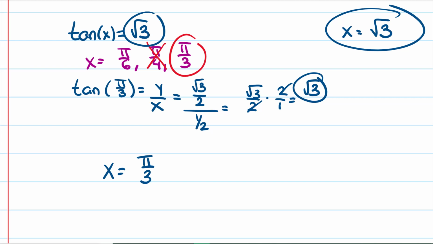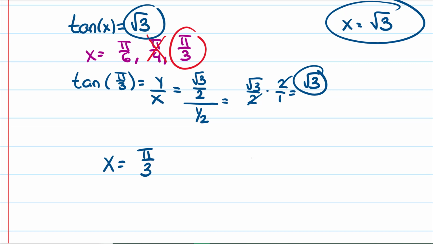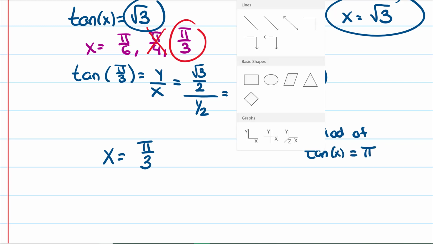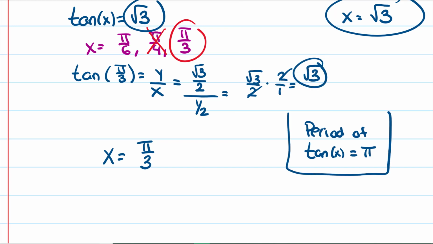Now, as I said before, we have an infinite amount of solutions because all of our trig functions repeat. So we have to add something to account for all of those. Tangent's period is pi. If you recall, the period of tangent of x is equal to pi. This means that every time you go pi distance, tangent will have the same output.